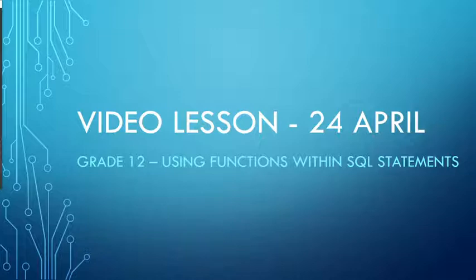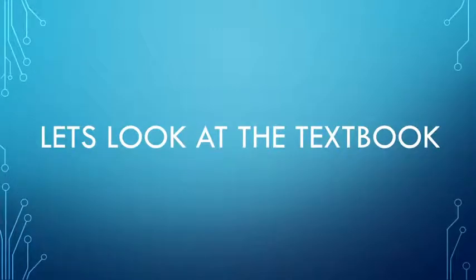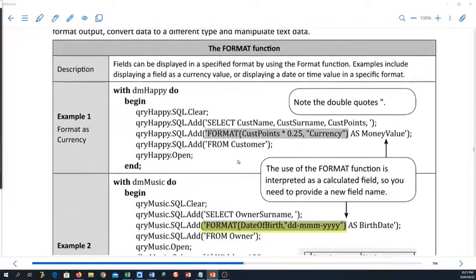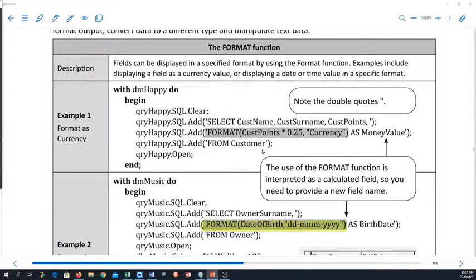All right, so let's have a look at our textbook. Okay, using functions. So this is exactly the one that we have looked at already. Format, and then what do we want to format? So in this case, they just have a calculation. It's not always necessary to have a calculation.